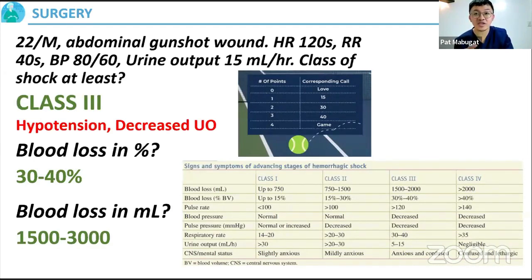Class 3, 30 to 40: 30 divided by 2 is 15, 40 divided by 2 is 20, that's 1,500 to 2,000 ml of blood. And for class 4, over 40, divided by 2, that's over 2,000. So if you memorize the percentages using the tennis scoring system, you just need to identify which class, which percent, then divide it by 2 to get the actual blood loss in ml, right?